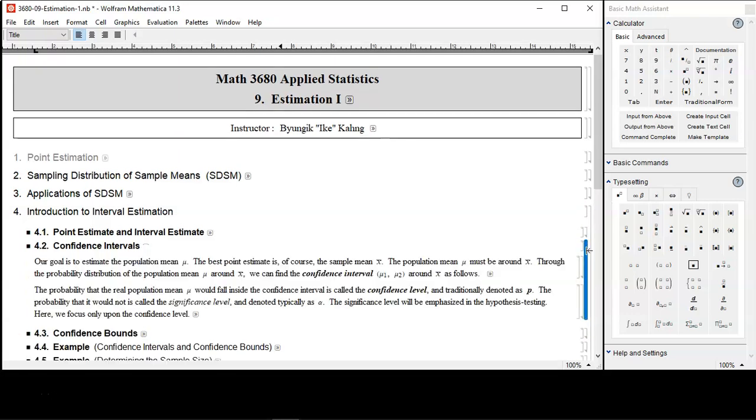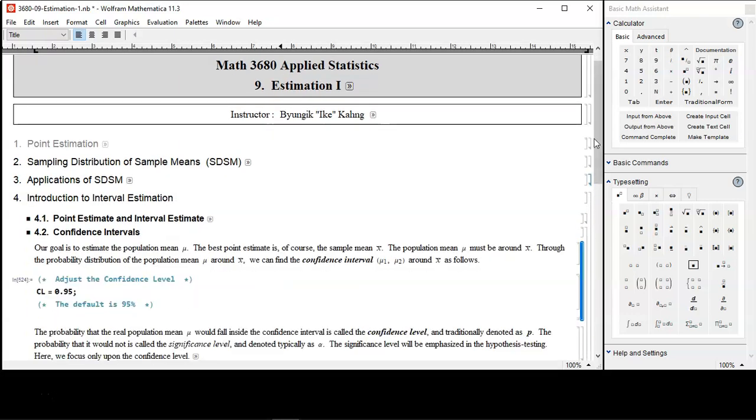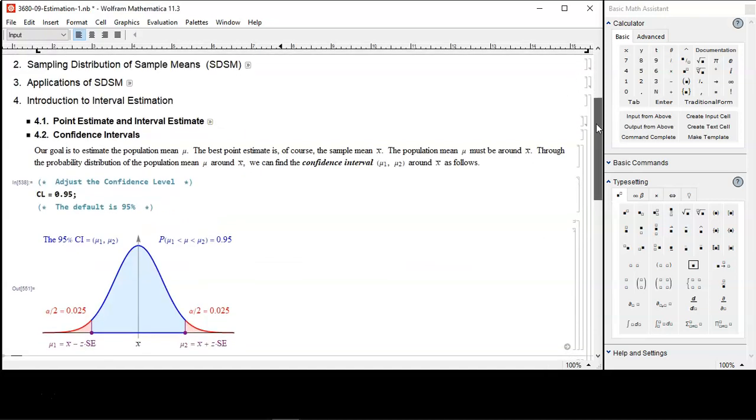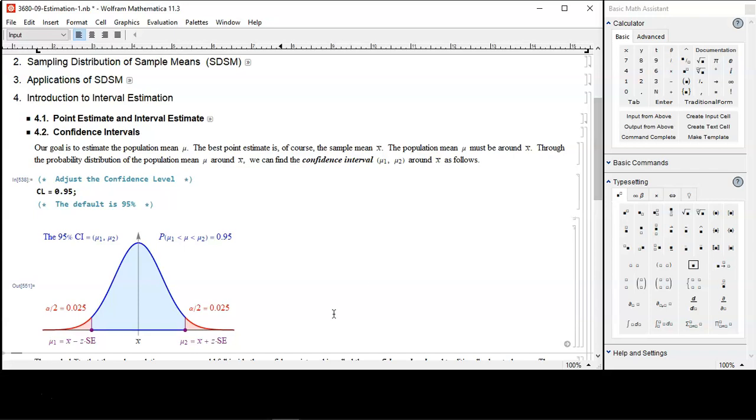Let's begin with a motivating picture, and here we go. The visualization of confidence interval. So here we have an apparent probability distribution of the population mean mu centered around the best point estimate, x bar, the sample mean.